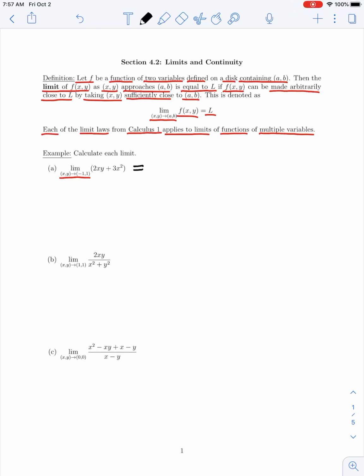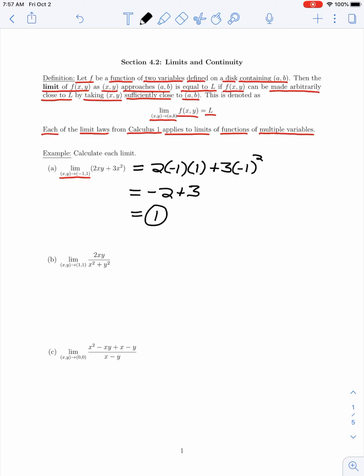So in this example, we have 2 times x, which is approaching -1, times y, which is approaching 1, plus 3 times x, which was approaching -1, squared. So simplifying, we have -2 plus 3. So we would have a limiting value of 1 here.